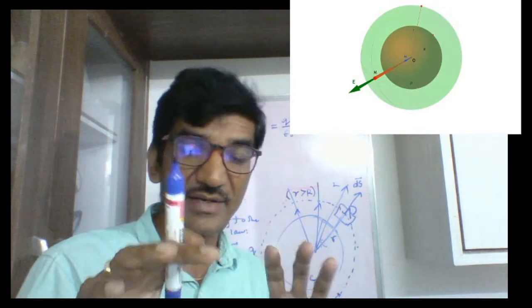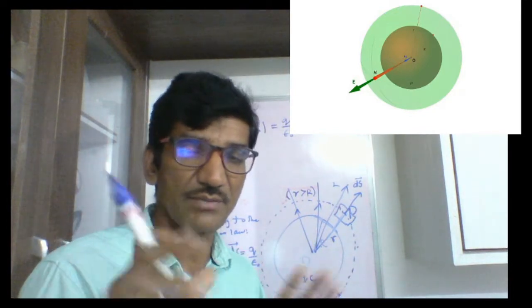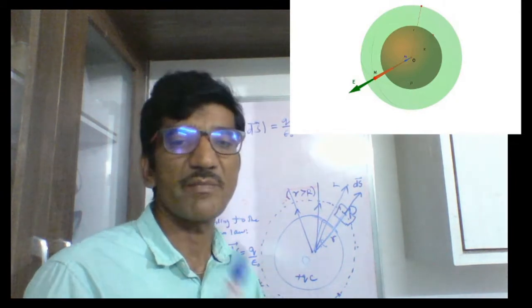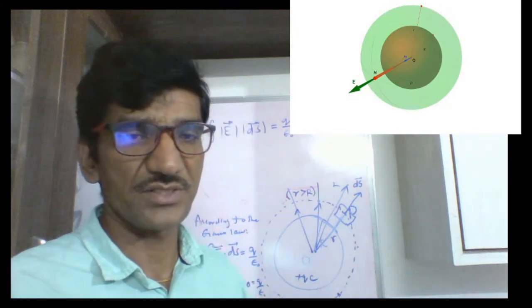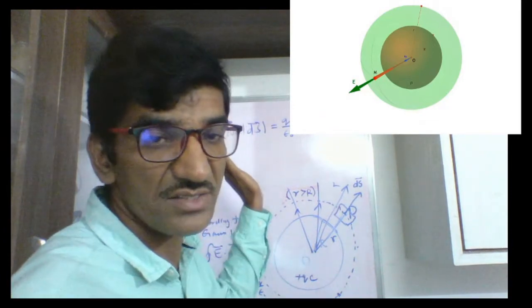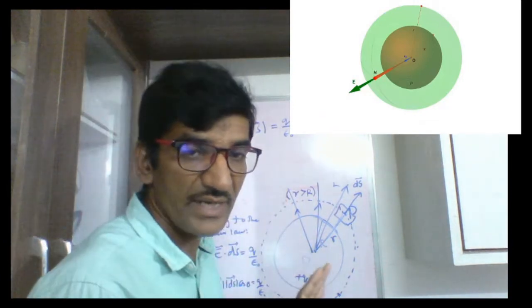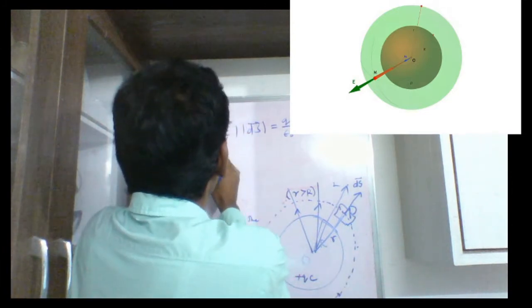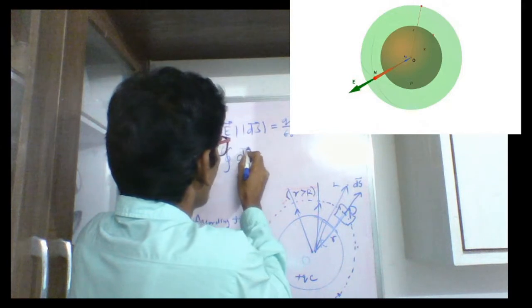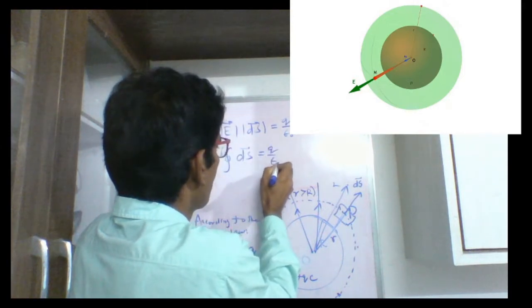In all the symmetric problems, you do not have that problem. That's why we apply Gauss law only for symmetrical charge distributions. So in this case, we may write E outside, because E is a constant. I'm just writing E outside integral ds, which is equal to q by epsilon naught.